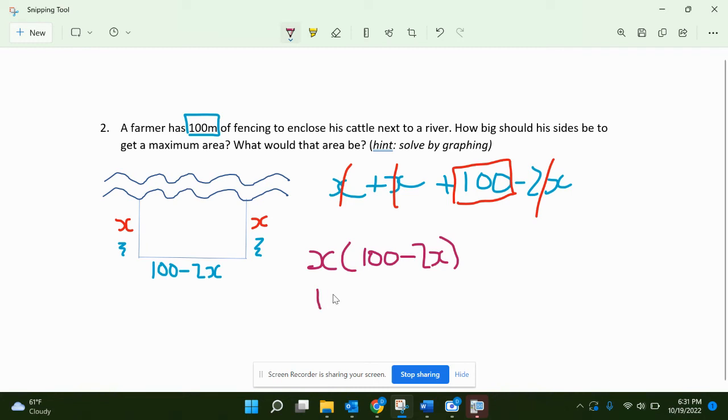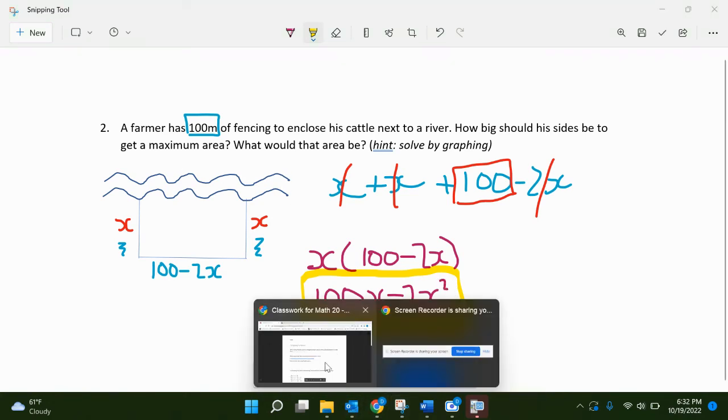So in this case, we would have 100x minus 2x squared. And I know this is a quadratic. I know that this is a quadratic because why? Right, because of this little 2.